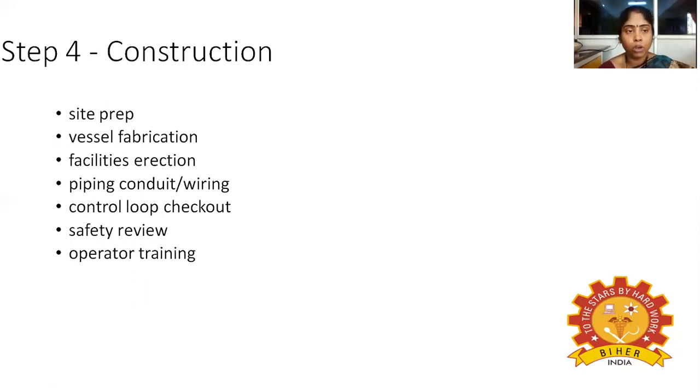Here, it first includes site preparation and vessel fabrication, that is, how the materials are used for vessels and for the reactor, and the erection of facilities, their piping, their loops, and their reviews, and how we are going to train the operators. Each and every unit operation needed in large scale industries requires a person who has to be trained in such a way that he can cope with all the drawbacks that arise.